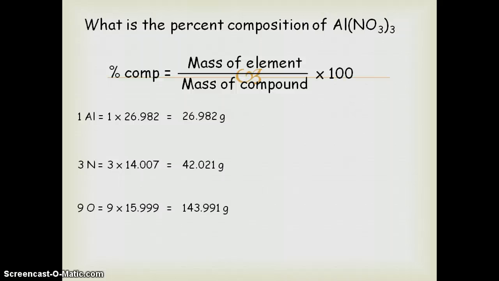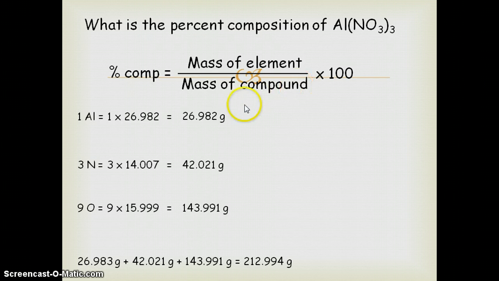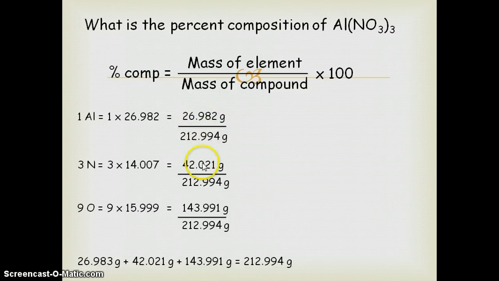So we're going to take a look at how this compares to the total mass by adding all of our masses together. That will give us our molar mass for aluminum nitrate, and that will be the mass of the compound when we plug this into the problem. Since we already have all of the masses of the elements, we just divide each of these masses of the elements by the total mass of the compound. So we plug those all in to complete our formulas.